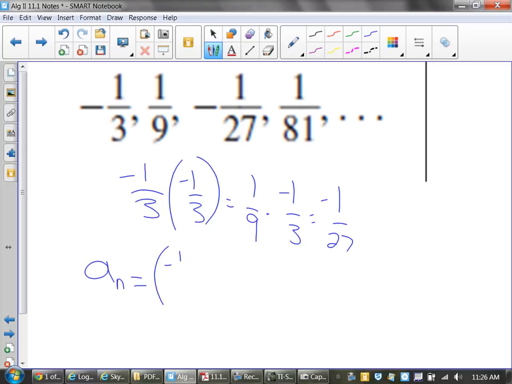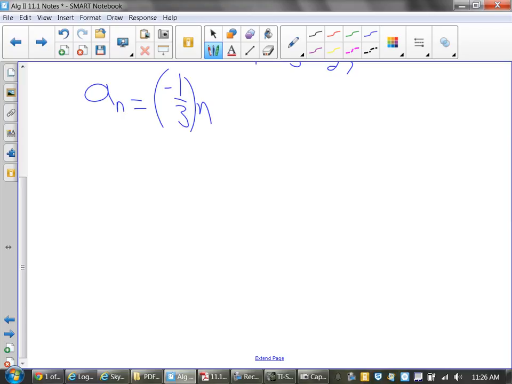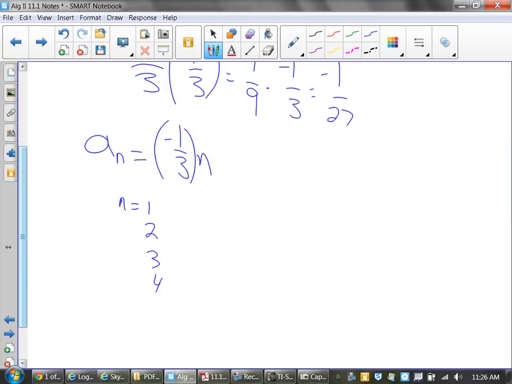So you're saying negative 1/3 n. Now, that means that n is the number of the term in the sequence. So my first term is when n equals 1, n equals 2, n equals 3, n equals 4. And if I'm using this rule, I'm getting negative 1/3 times 1, negative 1/3 times 2. See what I'm saying here?